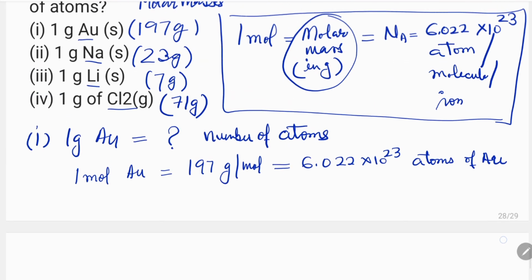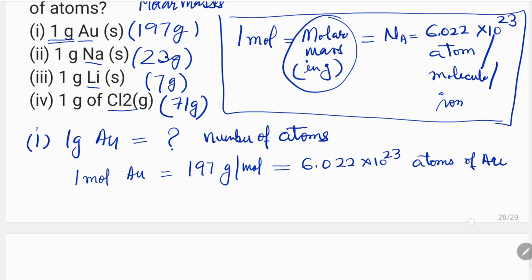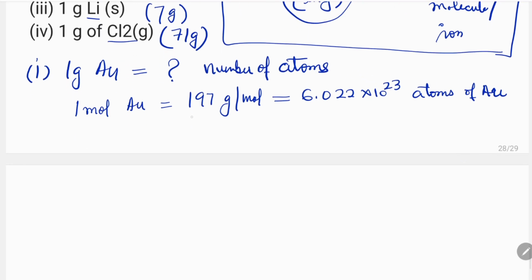But in the question we have been given 1 gram. So if 197 gram is equal to 6.022 into 10 raised to power 23, then how much is 1 gram going to be? That is 6.022 into 10 raised to power 23 divided by 197. So that much number of atoms will be there.